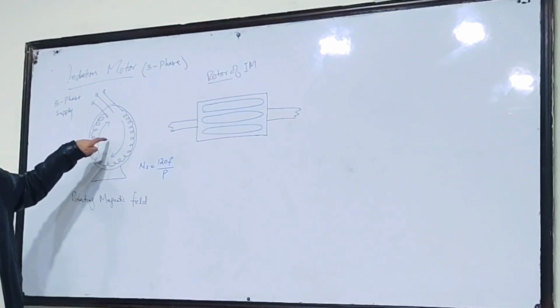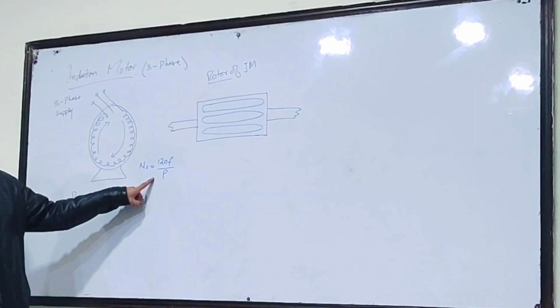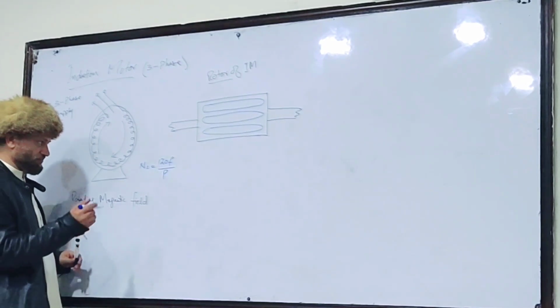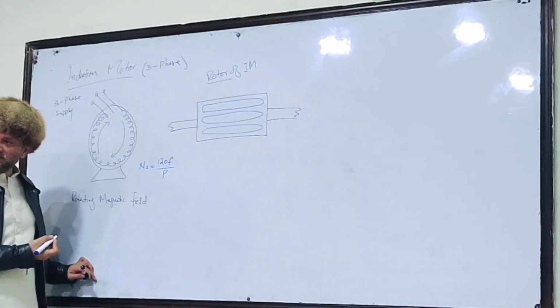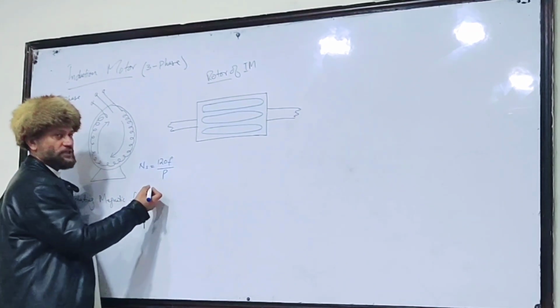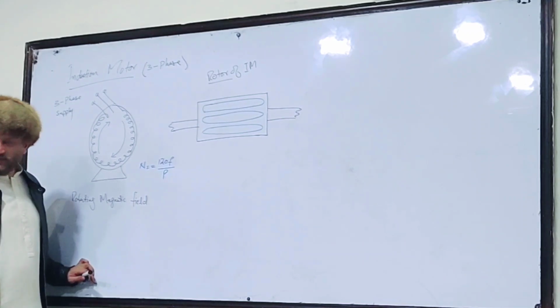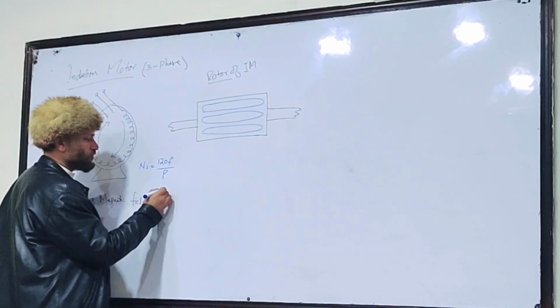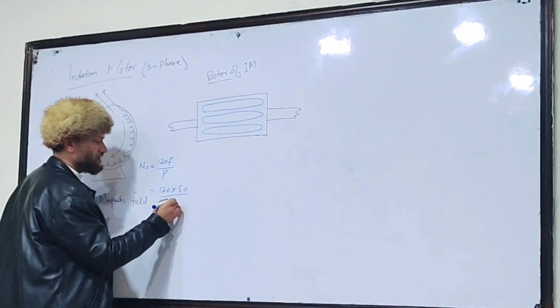The rotating magnetic field will rotate with this much speed. For example, frequency F is 50 hertz and P is 2 poles, the minimum. So 120 multiplied by 50 divided by 2.